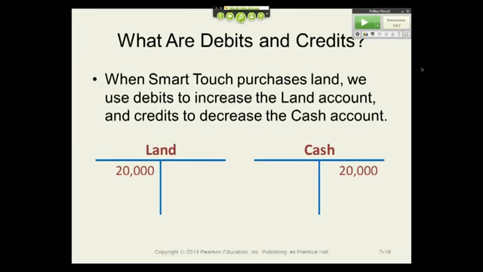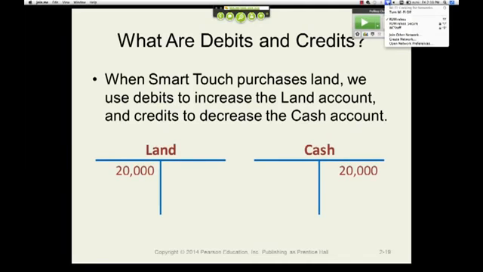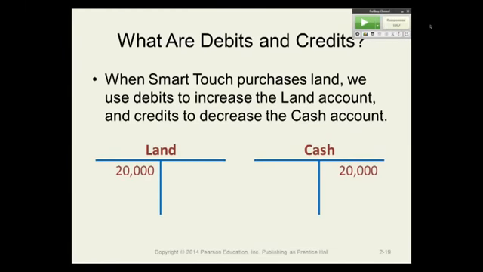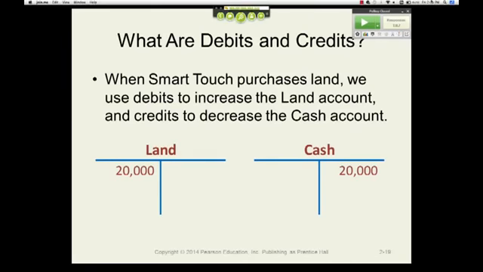So when you look at retained earnings, it is an equity account. Now you don't have to put these pluses and minuses here, but this may help. Let's take revenues, for example. You should know by now that revenues increase wealth. They increase retained earnings.